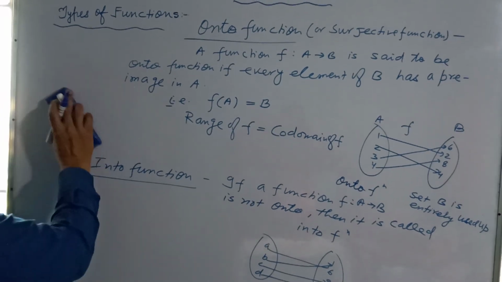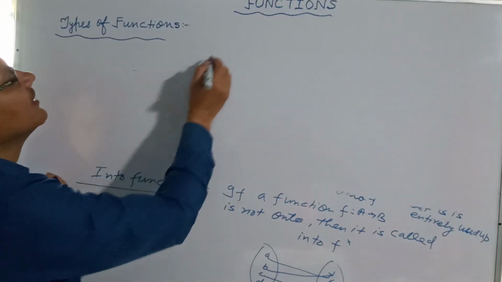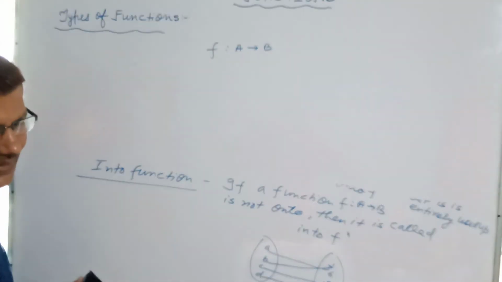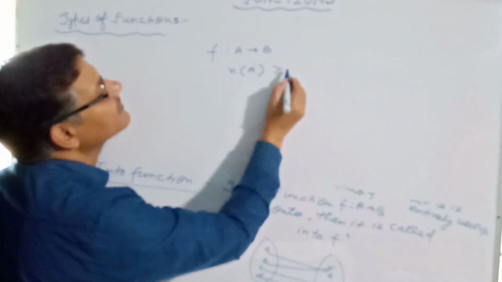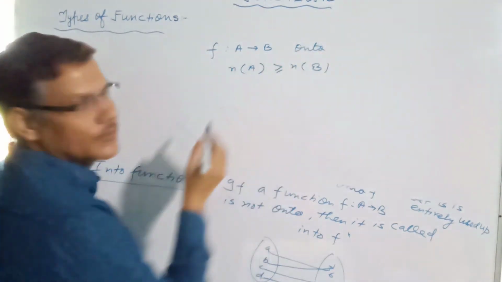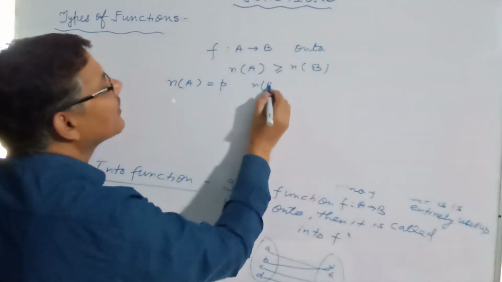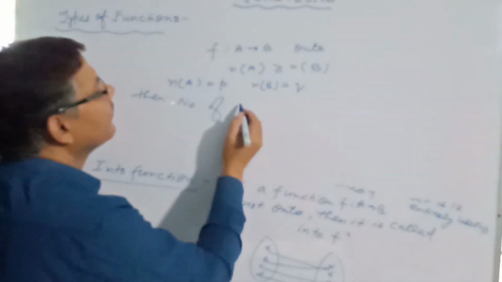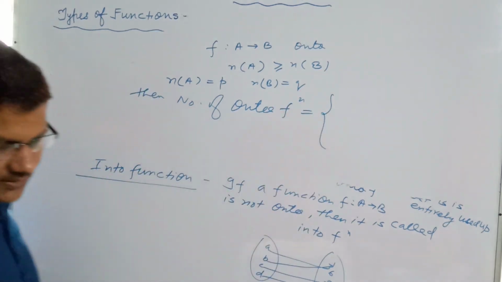So what is the criterion to show the given function is onto? In case f is a function from A to B, the number of elements in A is always greater than or equal to the number of elements in B. If n(A) is equal to P and n(B) equal to Q, then the number of onto functions is divided into two cases.